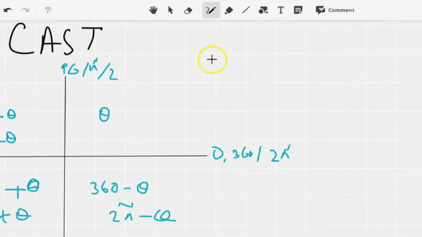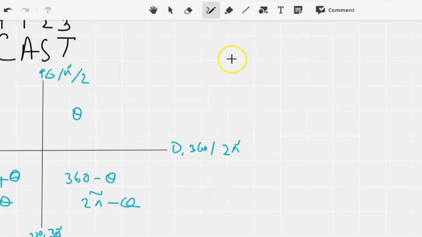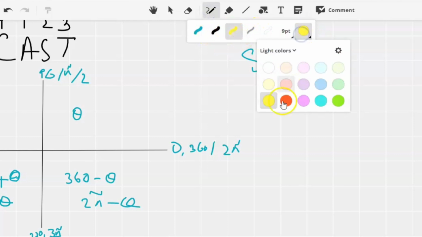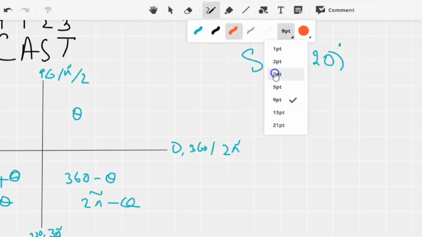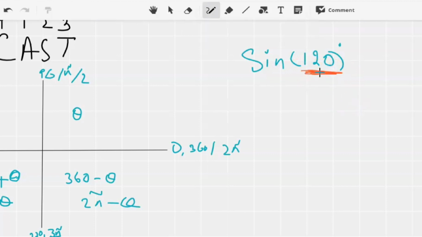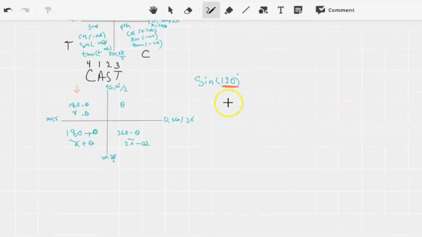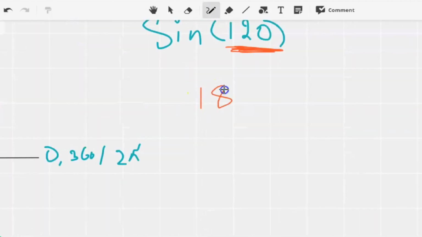So let's say you have sine 120. First thing is I'm going to see in which quadrant 120 is. So 120 is in the second quadrant. So second quadrant means you have to do 180 minus 120.